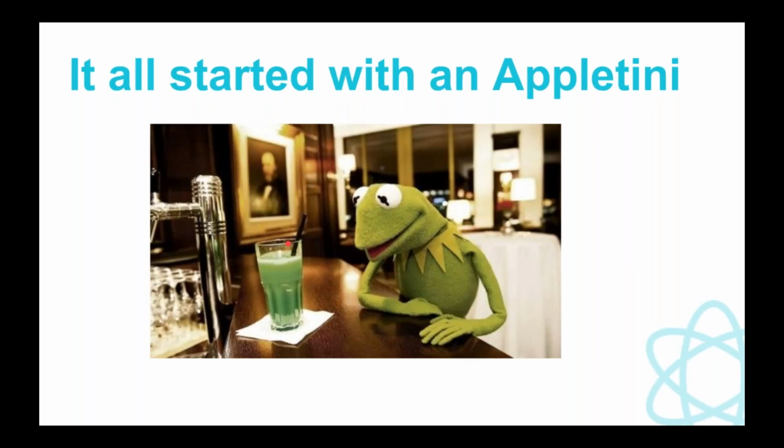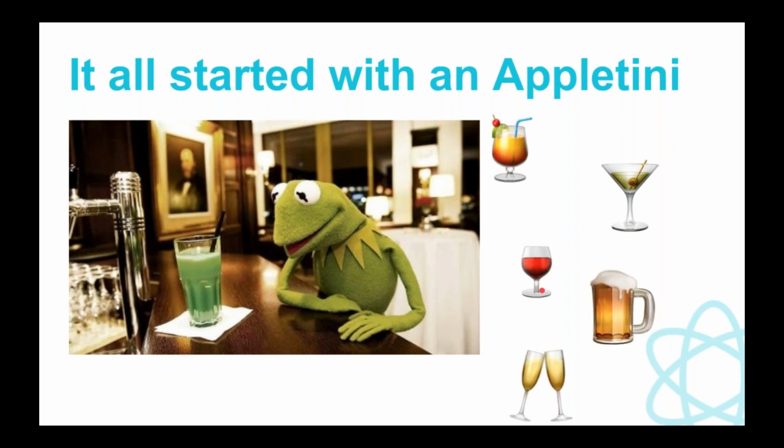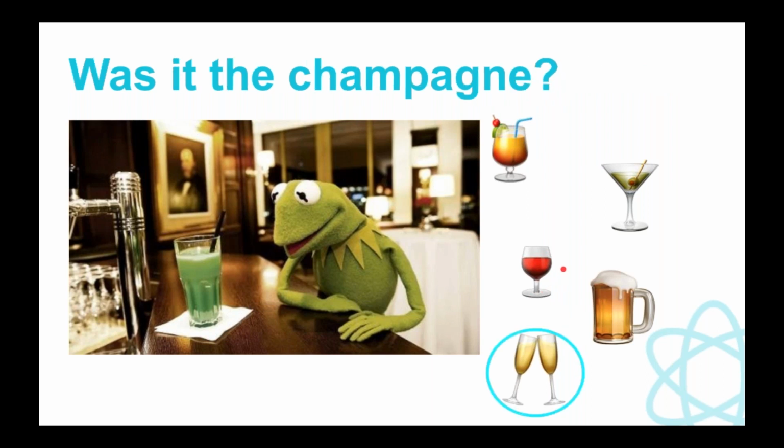He went out to a bar to celebrate quarantine being over, and he started drinking an Appletini. Then he got a dry martini, James Bond style. Then he got a glass of red wine, then a couple of pints, and then ended up with two nice Prosecco champagnes. So what got Kermit drunk last night?